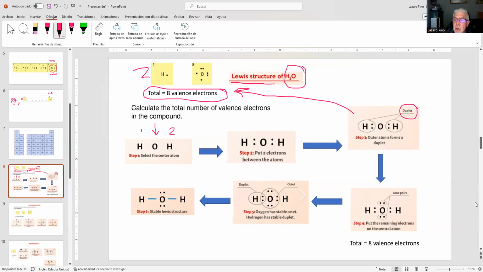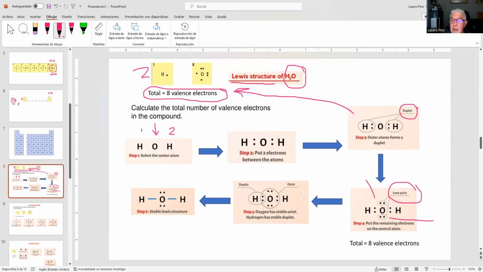Then what do we do? We put 2 electrons here and 2 more electrons here. They are lone pairs because they are not shared with hydrogen. They belong only to oxygen. That is, in this case, the central atom.